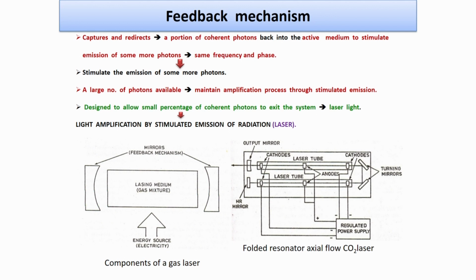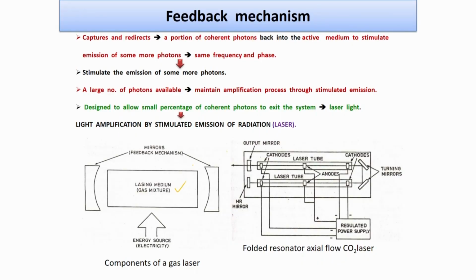So what is the full form of laser? Laser is light amplification by stimulated emission of radiation. You can see here, this is the lasing medium, and this is the feedback mechanism which is used. This is the heat source or light source or energy used to stimulate the atoms in the lasing medium to a higher energy state.